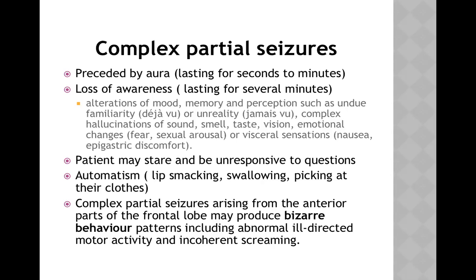Sometimes flashes of light would be there. Sometimes a ringing sensation occurs inside the ear. Sometimes abdominal discomfort occurs. Sometimes tingling and numbness type of sensation occurs. So the person knows this is aura, so that seizure is going to come. This is a common thing in complex partial seizure.